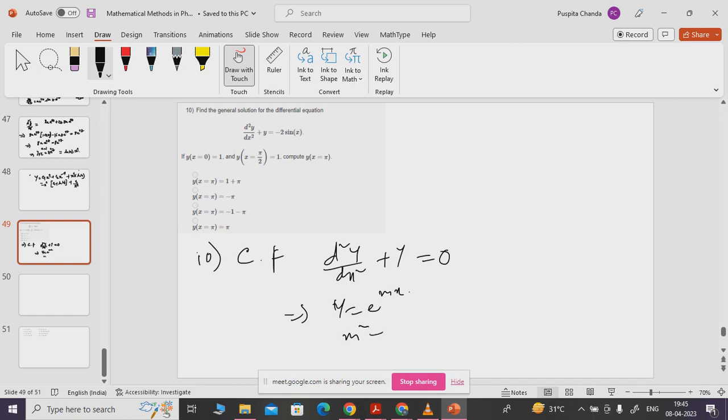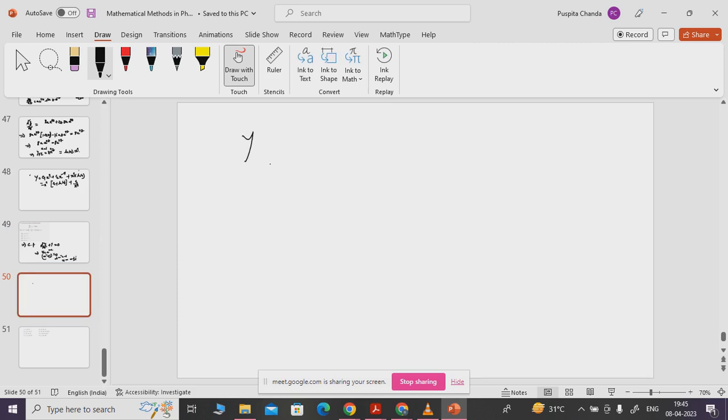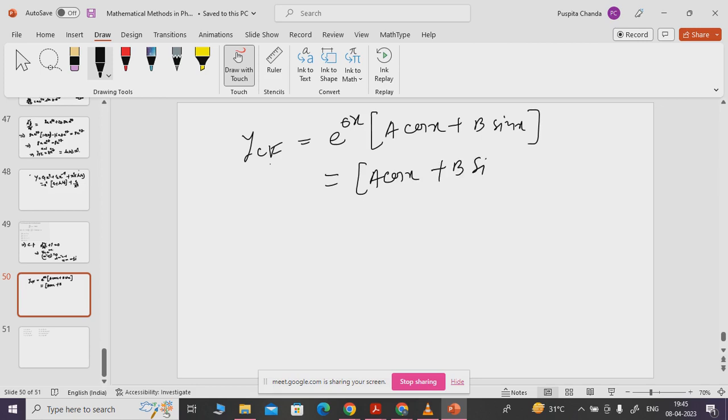So y = e^(mx), so m² + 1 = 0. So m² = -1, m = ±i. So its solution, the complementary function, is e^(0x)(a cos x + b sin x). You know that. So it is a cos x + b sin x.